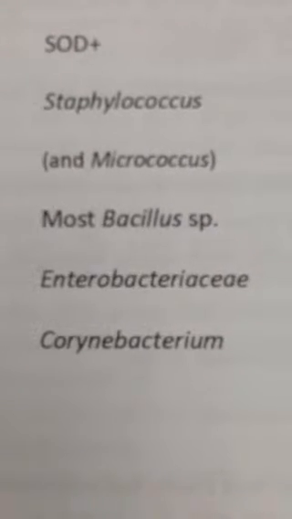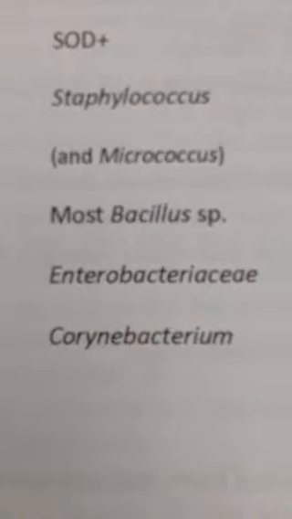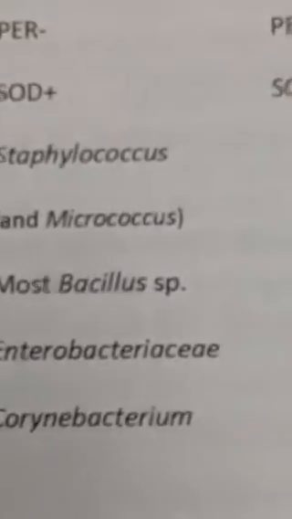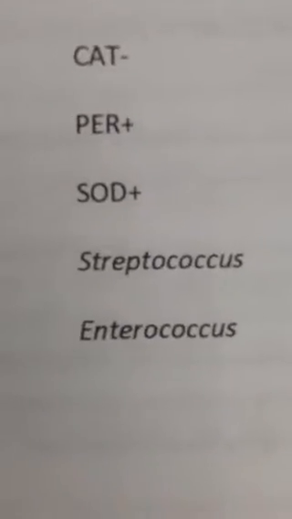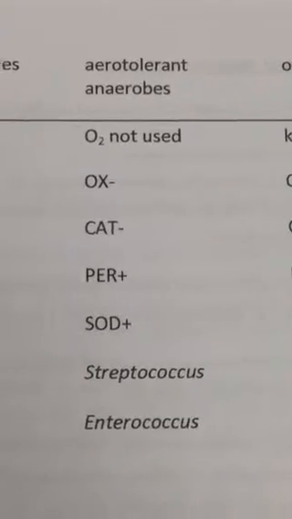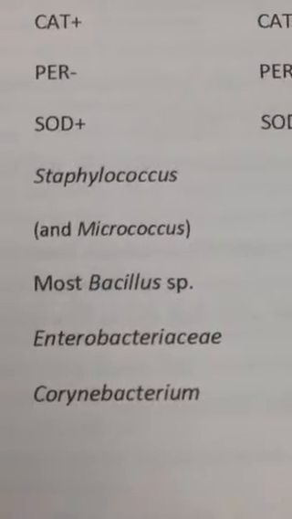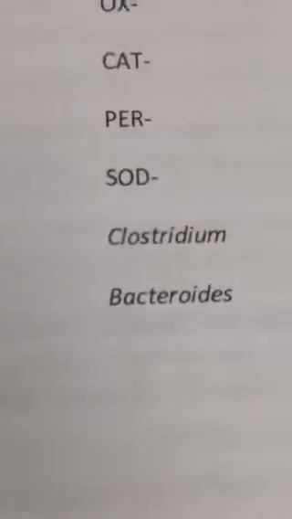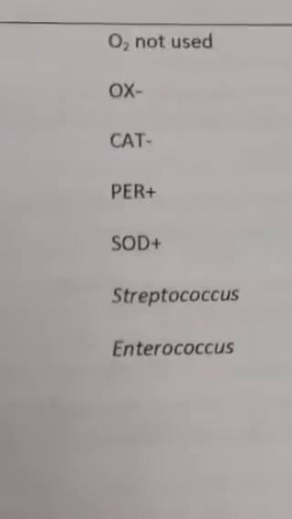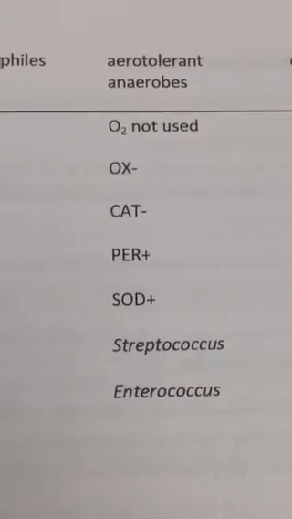So remember, Micrococcus is a Staphylococcus. Enterococcus is Strep D, remember? Enterococcus is actually a Streptococcus. I know, it's also confusing. So Streptococcus will be catalase negative, right? Right.